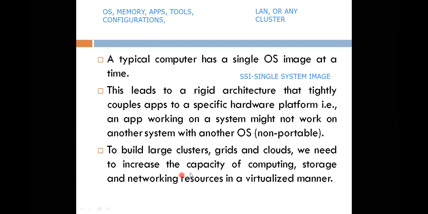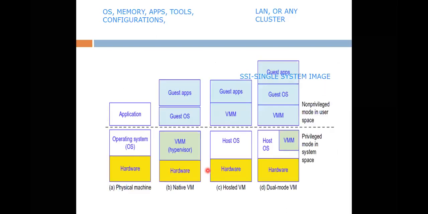And next, networking. Networking means the switches you have chosen, the Ethernet connections, anything you are doing, should be in a virtual manner. So this is the representation of a virtual machine. These are the three representations.